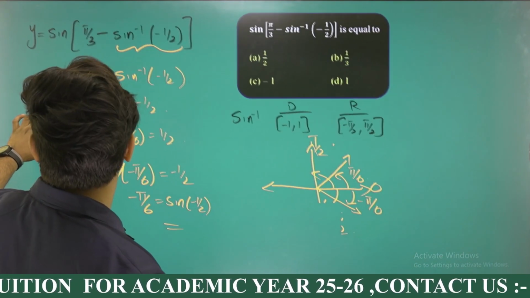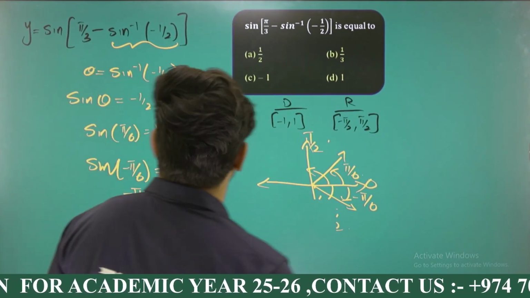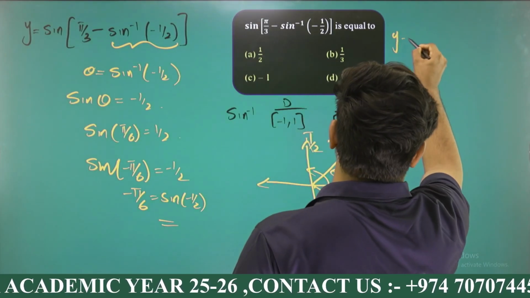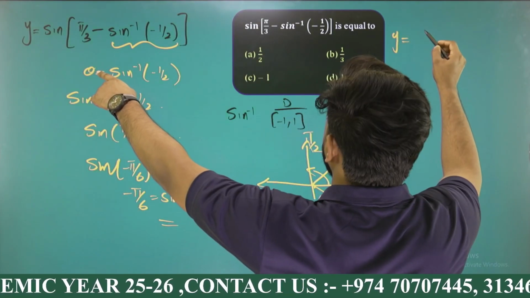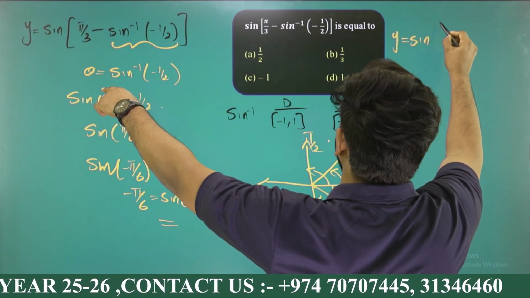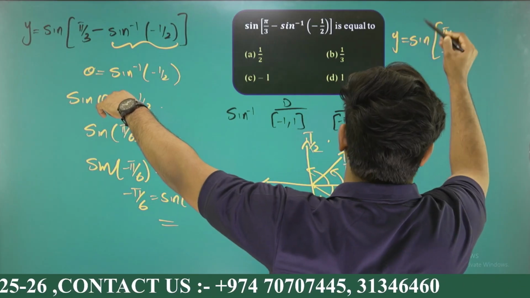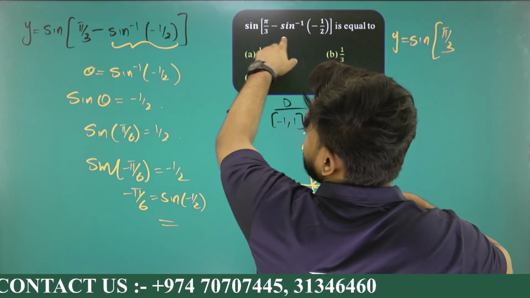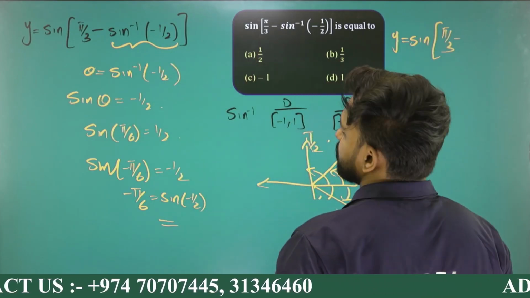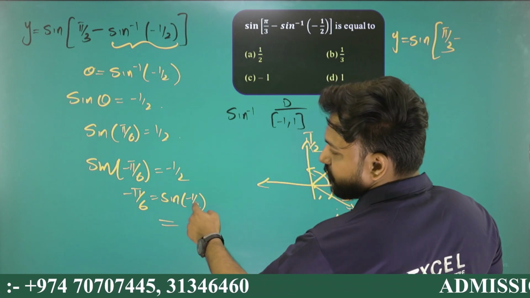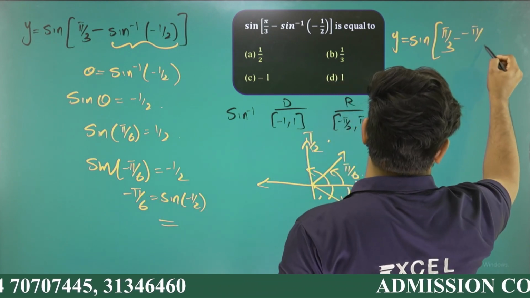Listen, y will be equal to sine of pi by 3 minus sine inverse of minus 1 by 2. Sine inverse of minus 1 by 2 is what? Minus pi by 6.